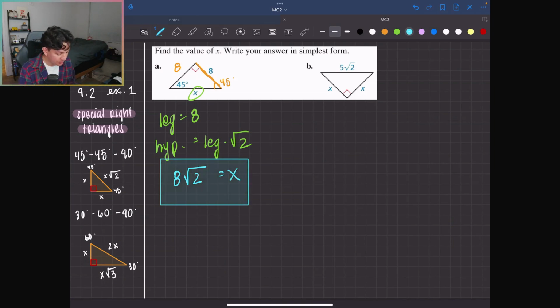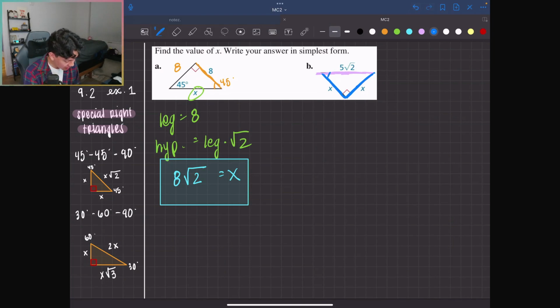Okay, let's try out B. Over for B, what do we notice? I notice that our hypotenuse is given to us, but not our side lengths. So we're going to find out what these side lengths are. And remember, in a 45-45-90, the side lengths are always going to be the same over here. So that's why they put x and x. Cool.